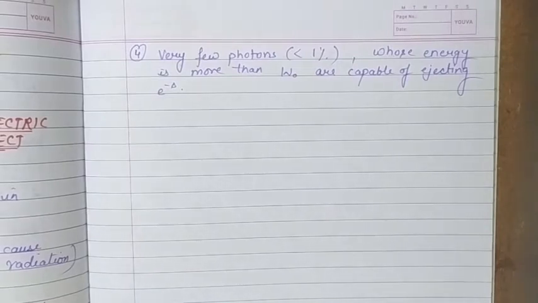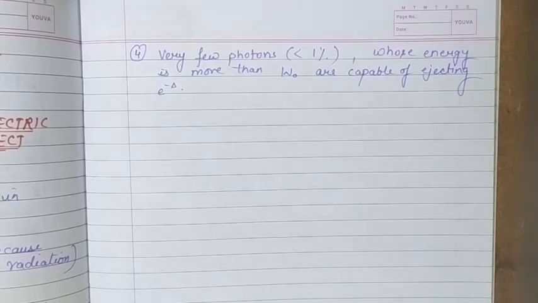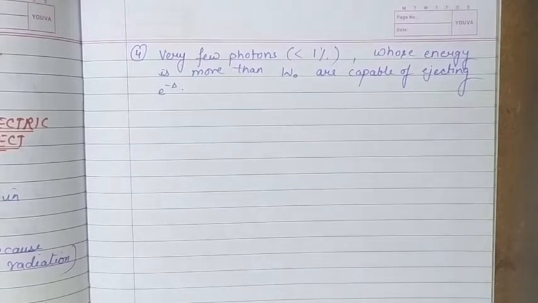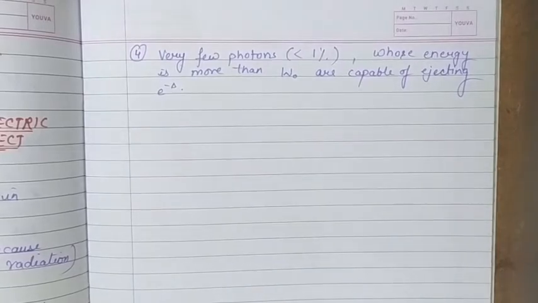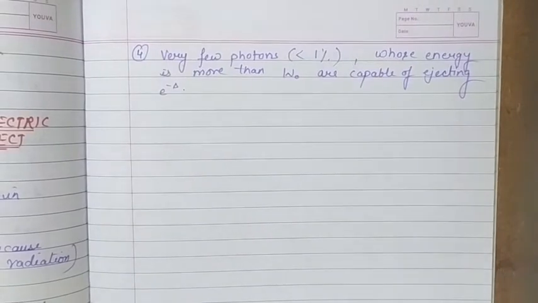The first purpose is to liberate the electron from the metal surface, and that much energy used is equal to the work function. The remaining part of the energy is used in the form of kinetic energy, and very few photons have energy more than W naught. Only those photons are capable of ejecting electrons.